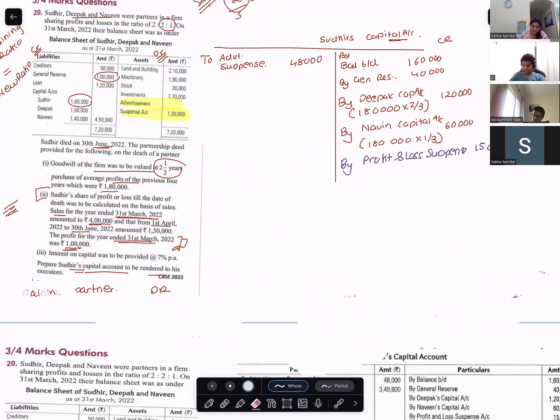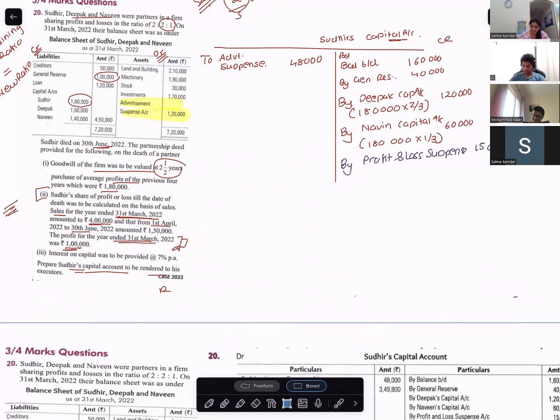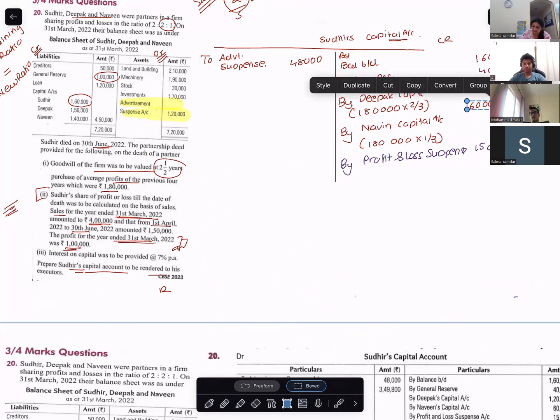Now what else? Interest on capital is to be provided at 6%. Okay. Where will we write interest on capital? Interest on capital will be on the credit side of Sudhir's capital account.